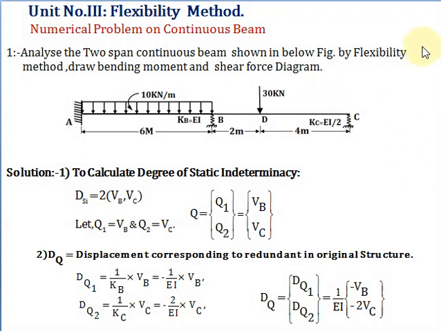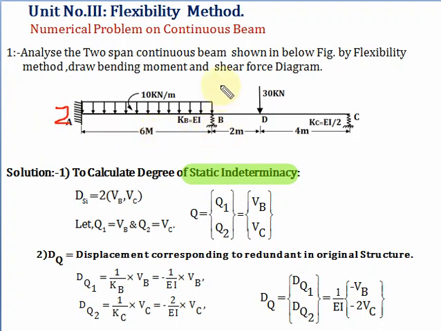Now as usual our first step is to find out the degree of static indeterminacy. As we know, at support A there is a fixed support, so there will be two reactions, because for a beam we are neglecting the axial displacement in x direction.